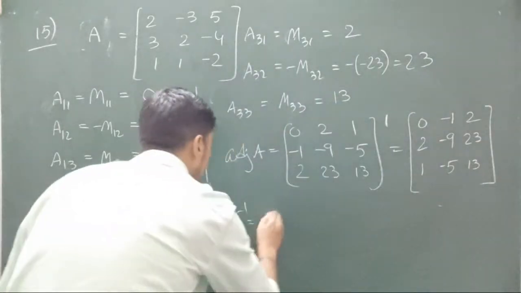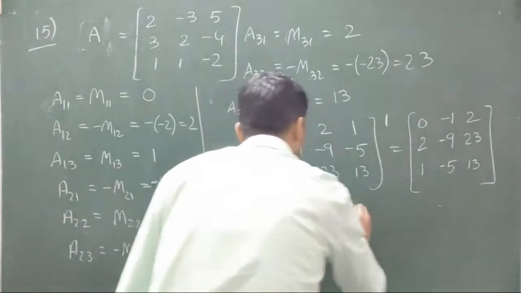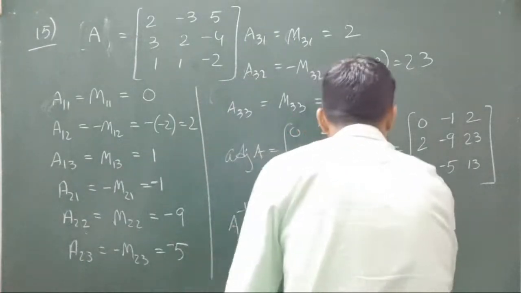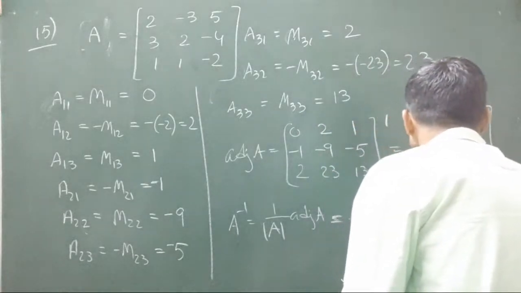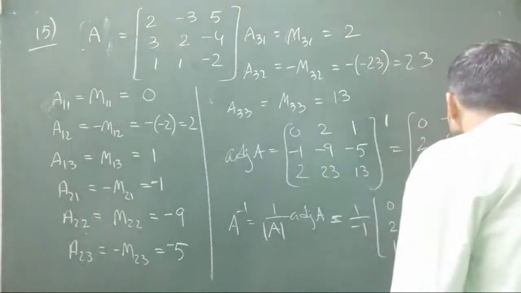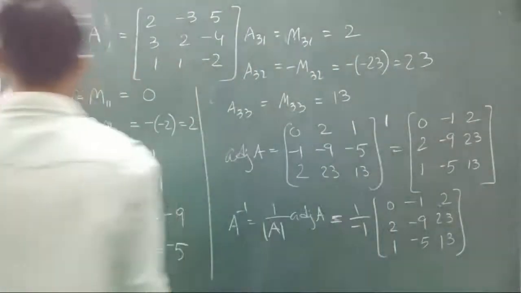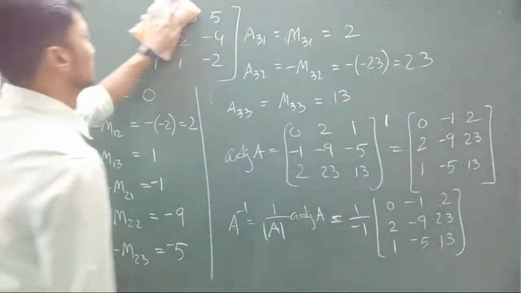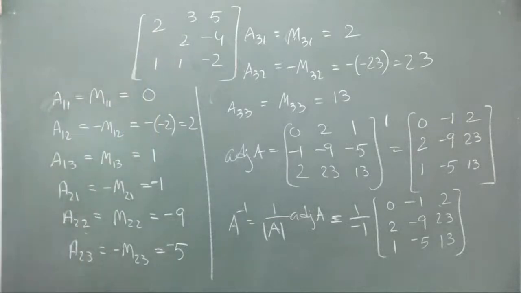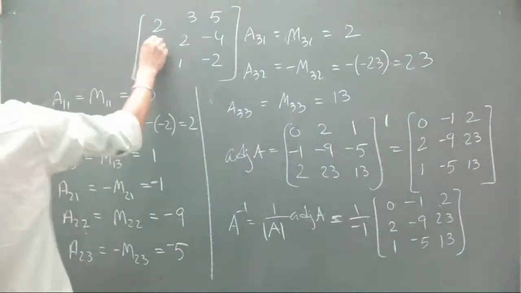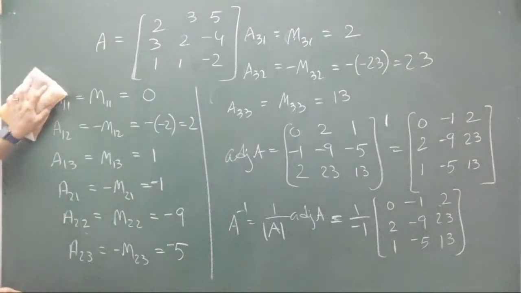So A inverse is 1 by determinant of A times adjoint of A, that is 1 by minus 1 into 0, 2, 1, minus 1, minus 9, minus 5, 2, 23, 13. Okay, this is done.